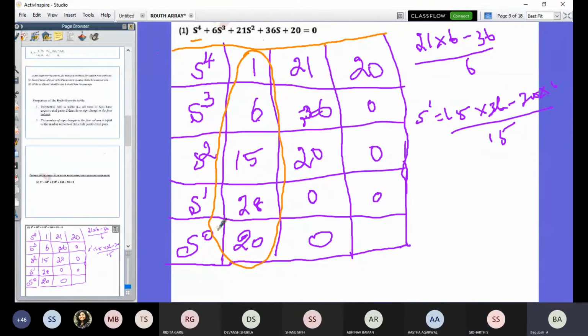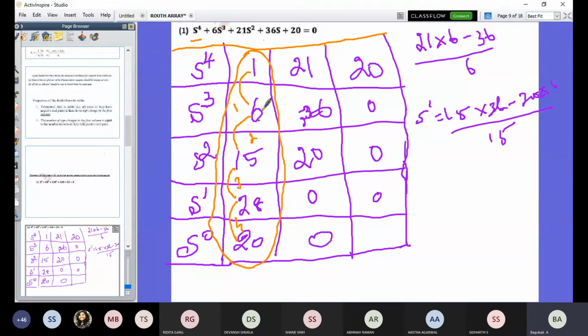Okay. So while considering the location of the roots, you can see here from here to here one transition. This is one root. And here to here another transition. This is the second root. Here to here it should be the third root. Here to here it should be the fourth root.